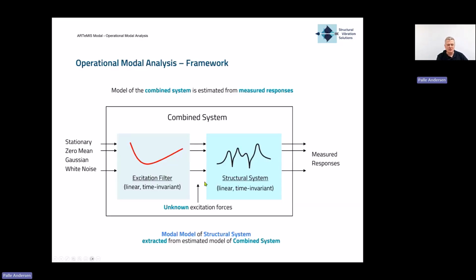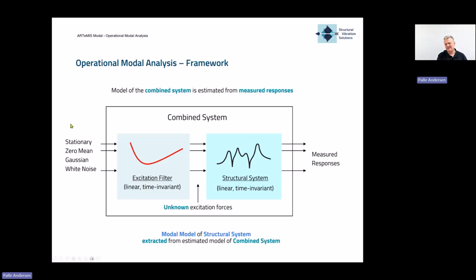So we have to assume something. We have to assume that these unknown excitation sources have some kind of distribution, some kind of way they look if you look at it in the frequency domain. And what we do is we assume something we call a Gaussian white noise.